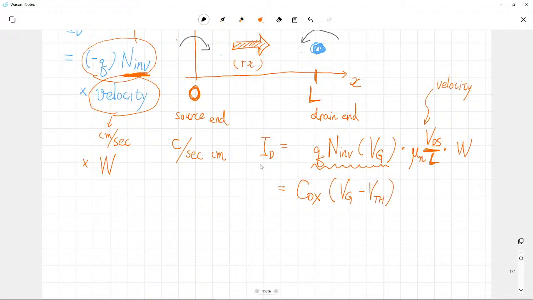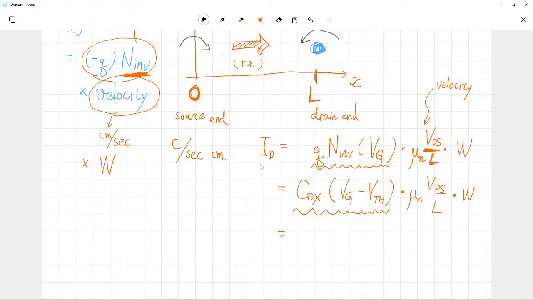Yes, this is the charge part, and we have the velocity part, and finally we have normalization with our width. A wide one will be more powerful, a narrow one will be less powerful. That is quite obvious. If we have a wider device, then we will have a larger current.